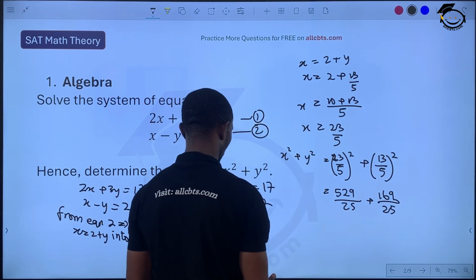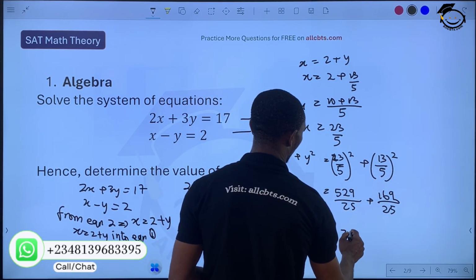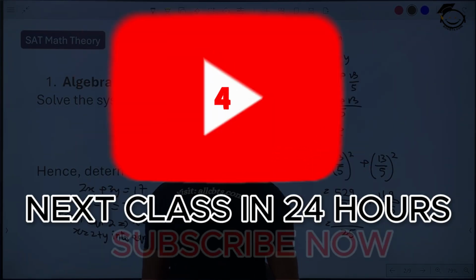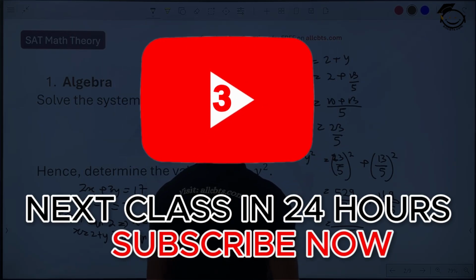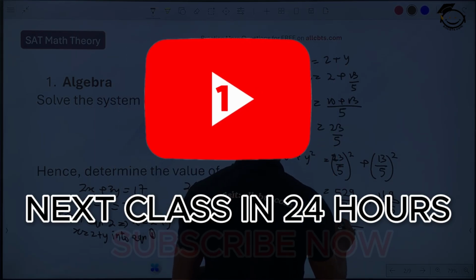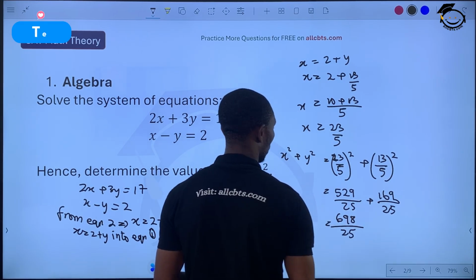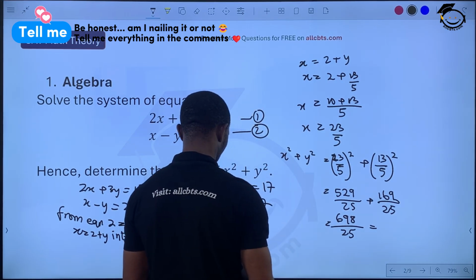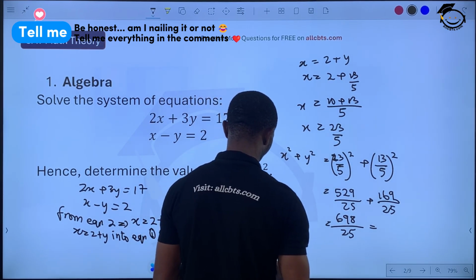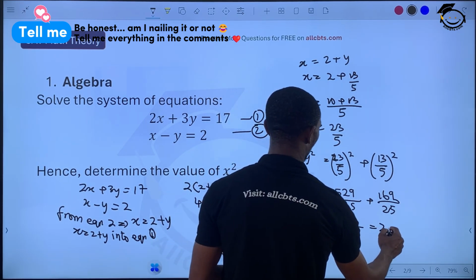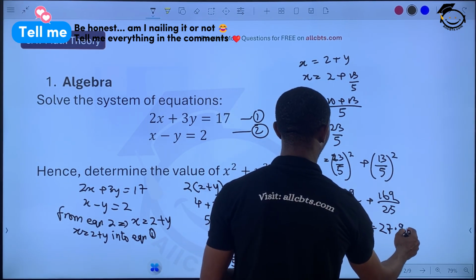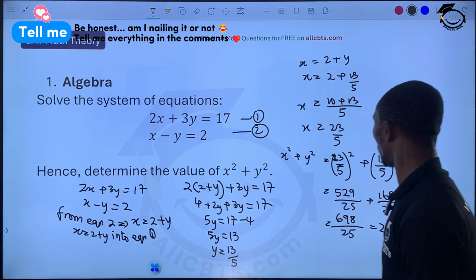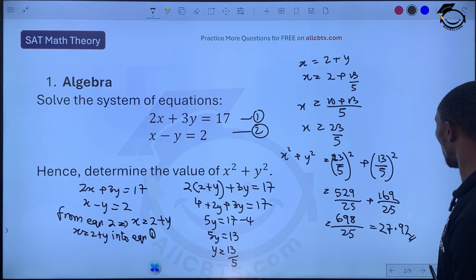So we have a common denominator of 25. This becomes 529 plus 169, which gives us 698 over 25, and 698 divided by 25 gives us 27.92. So the value of x squared plus y squared will be 27.92.